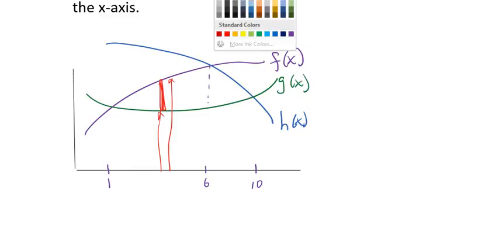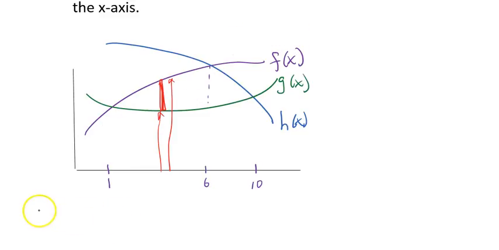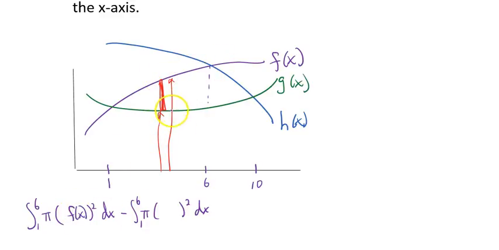And that would be the integral from 1 to 6 pi r squared dx minus the integral from 1 to 6 pi r squared dx. And then the long one is touching the f of x function. The short one is touching the g of x function. That would get us the first hunk.